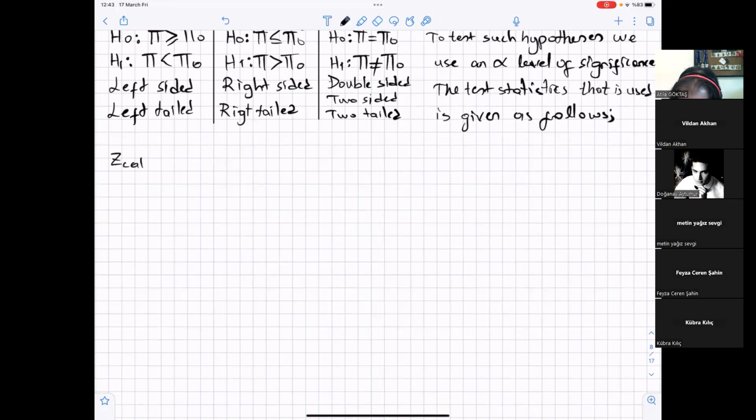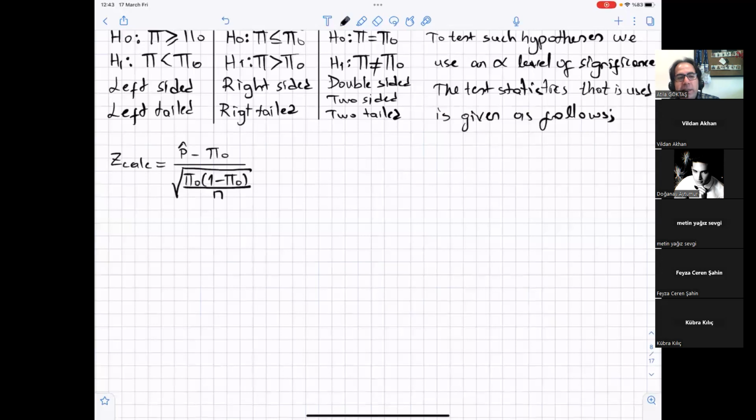We use the standard normal approximation statistic, Z-calc, which is the calculated statistic: pi hat minus pi null, divided by the square root of pi null times 1 minus pi null, divided by the sample size. Okay, that's the calculated statistic.